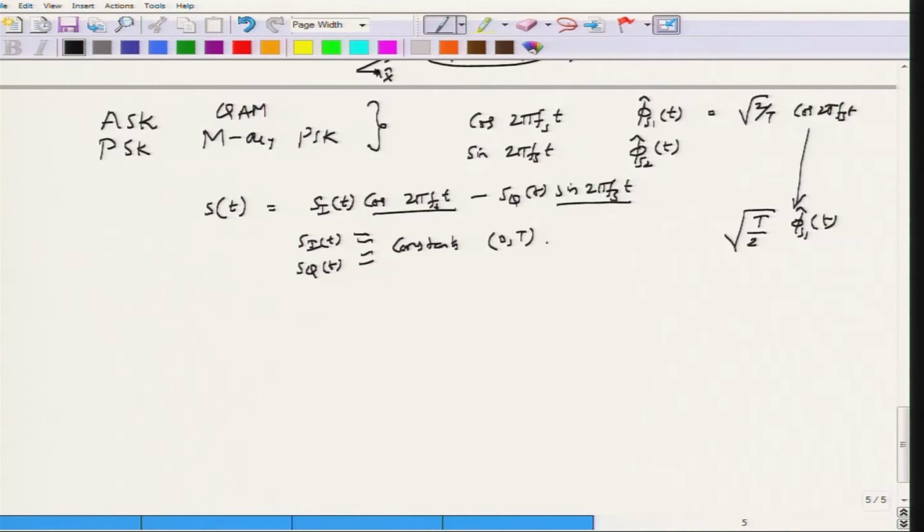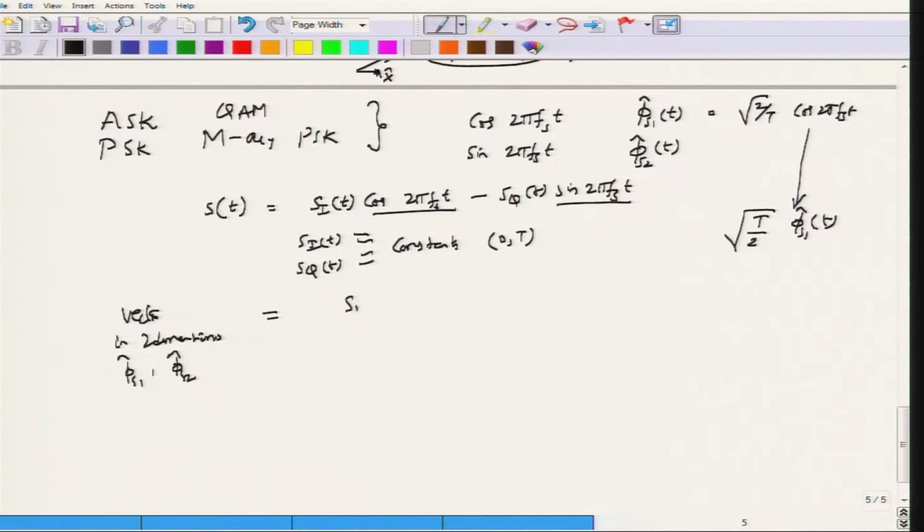So, I can in fact write cos 2 pi fst as square root of T by 2 times phi s1 of t. So, when I have si of t and sq of t, the in phase and quadrature components, approximately constant over the duration 0 to T, then this particular signal s of t is actually a vector in 2 dimensions. In this case the dimensions come from phi s1 and phi s2, which are related to cosine 2 pi fst and sin 2 pi fst.